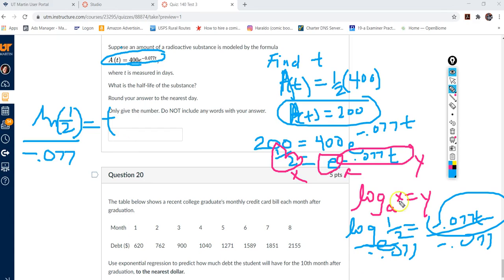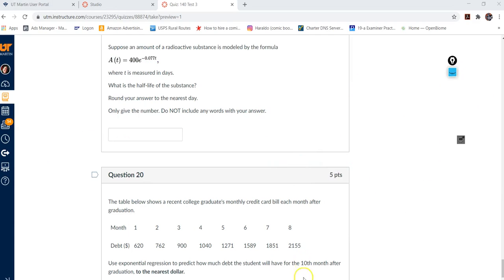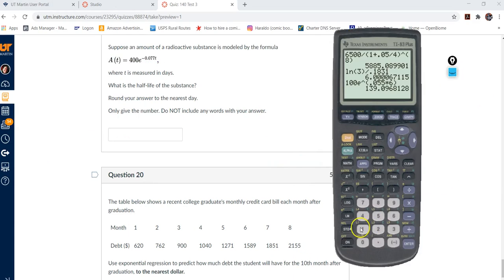All right, so if I do that, my answer is going to be ln of a half divided by negative 0.077.